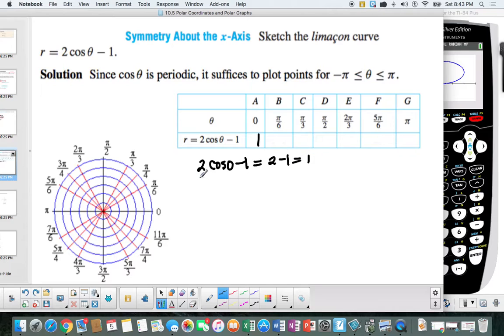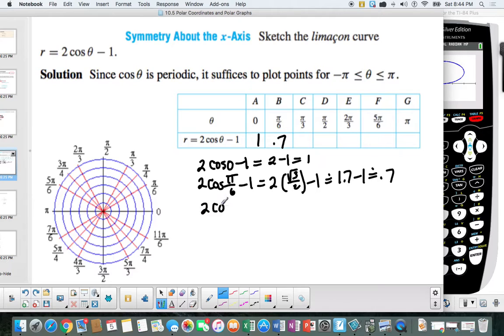So this answer is 1. 2 cosine of pi 6 minus 1 is equal to 2, and then this will be root 3 over 2 minus 1, which is going to be about 1.7 take away 1, which is about 0.7. This is about 0.7. 2 cosine, and now the next one is pi thirds minus 1, which is equal to 2 times 1/2 minus 1, which is going to be 0.